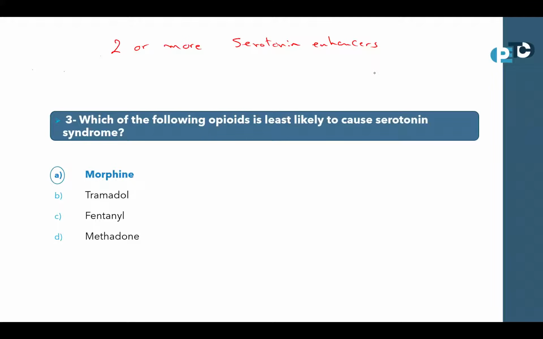Some opioids have a high serotonin effect, like methadone, dextromethorphan, and tapentadol. Other opioids that can cause serotonin syndrome are those that interact with other serotonergic medications, such as antidepressants, migraine medicine, and other drugs like fentanyl, oxycodone, hydromorphone, and morphine. So here the lowest one is morphine regarding those choices.